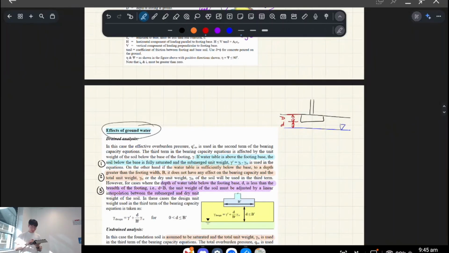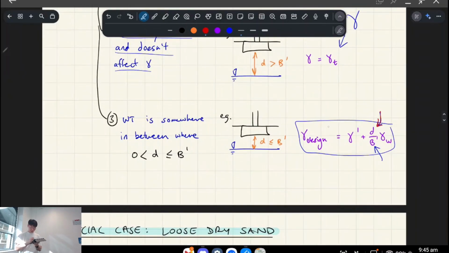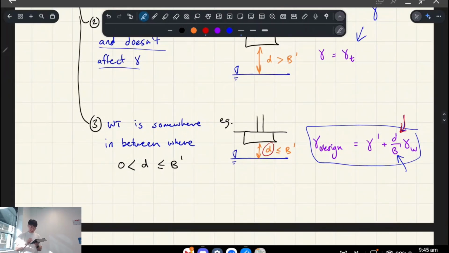So that's how you have to interpret these formulas. If lowercase d is less than your effective width, then you have to apply this formula. And we just talked about effective width, and it's to do with your column eccentricity.